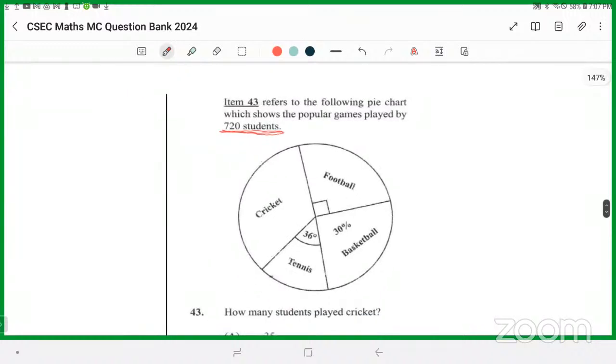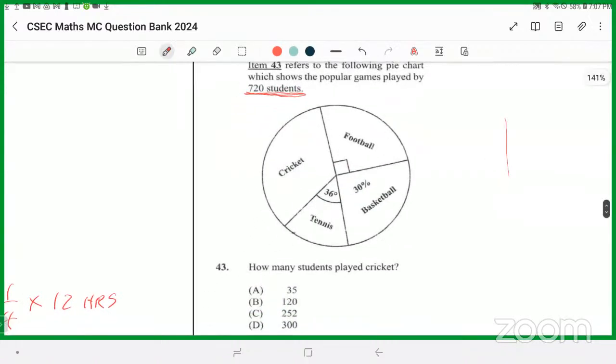They give some of the information as percentages, and I give this one in degrees, and then this one is 90 degrees. So you don't want to be working in percentages and degrees at the same time. You're going to be working in degrees, or you're going to be working in percentages. They ask how many people play cricket, which they don't give you any information on.